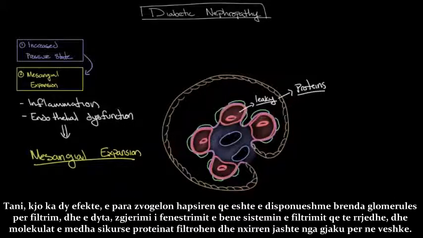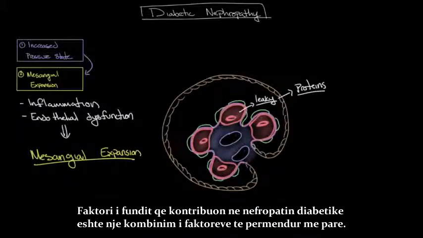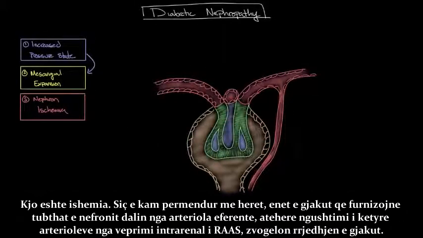kidney. Then the last factor contributing to diabetic nephropathy is a combination of the previously mentioned factors, and this is ischemia. As I mentioned earlier, the blood vessels supplying the tubules of the nephron come off of the efferent arteriole, and vasoconstriction of this arteriole from the intrarenal activation of the renin-angiotensin-aldosterone system decreases this blood flow.